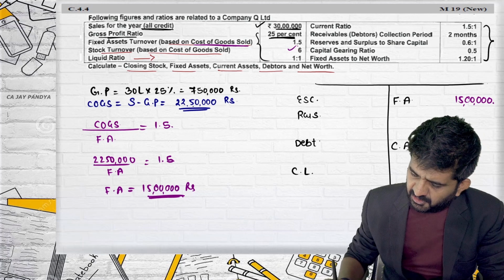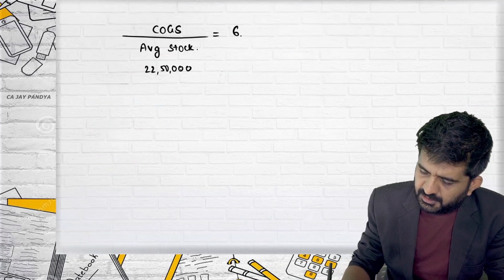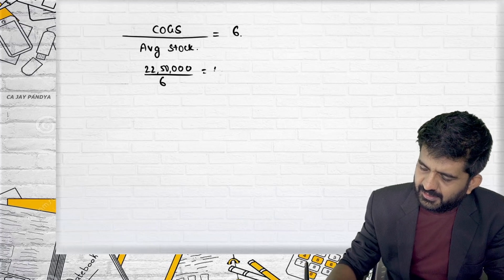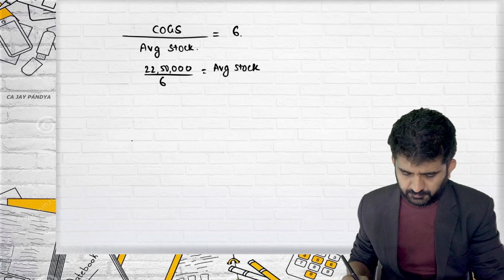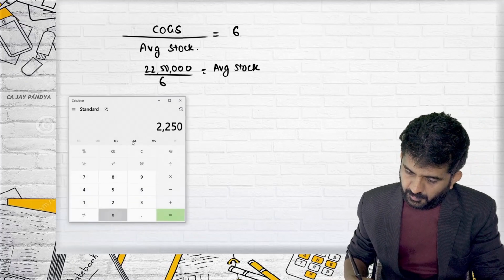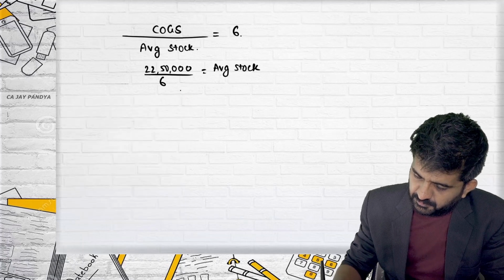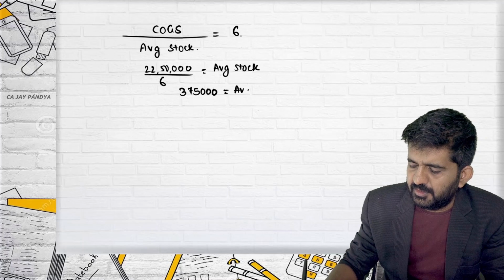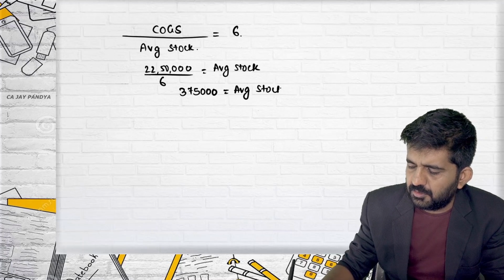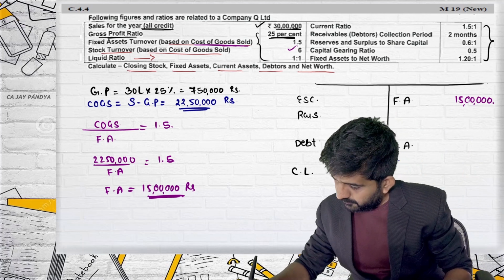Do I have an answer of COGS? Yes. 22,50,000 divided by 6 will be equal to average stock. 22,50,000 divided by 6 is 3,75,000. That is the average stock.